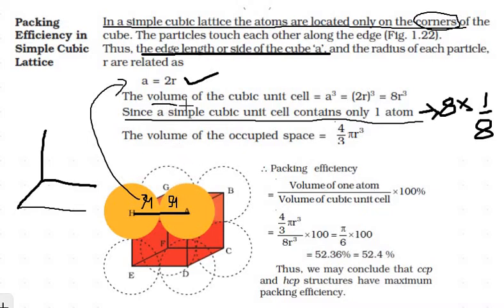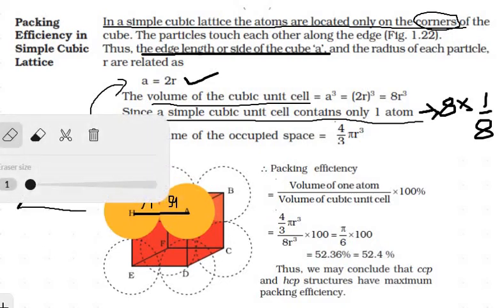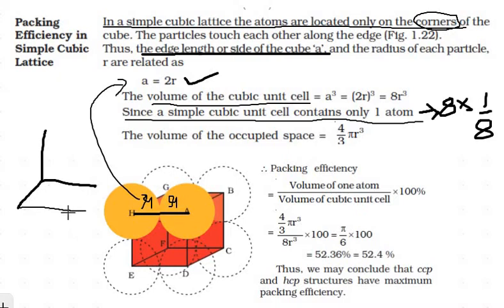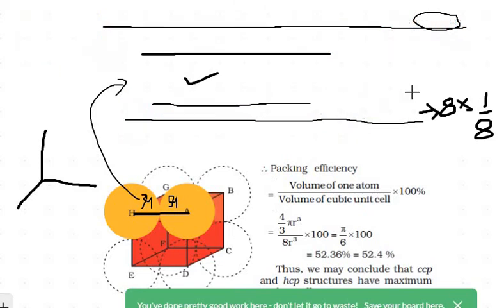Since if you are talking about the volume of the cubic unit cell, you have to take it as a cube. Why so? Because it's length into width into height, it becomes a cube, and since a is equal to 2r, the whole cube becomes 8r cube.